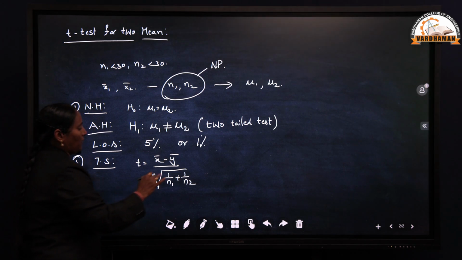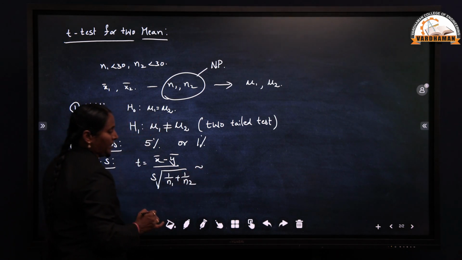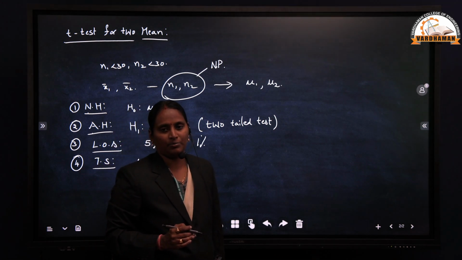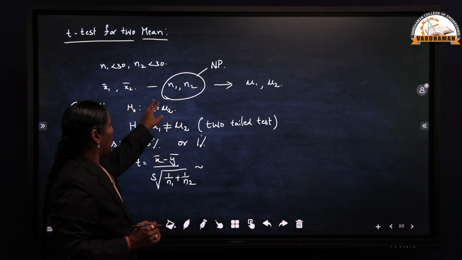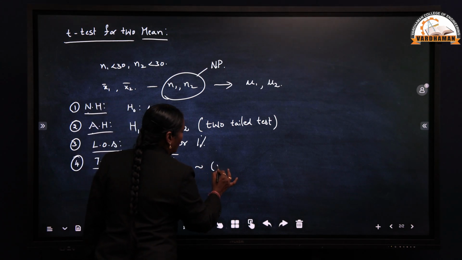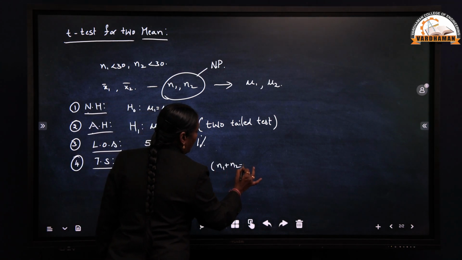Now we are going to define the degrees of freedom, that is the number of independent variates which make up the statistics. Here we are defining two sample sizes and the degrees of freedom will be n1 plus n2 minus 2.